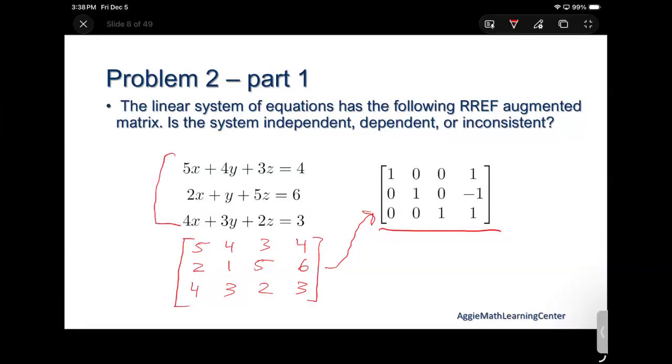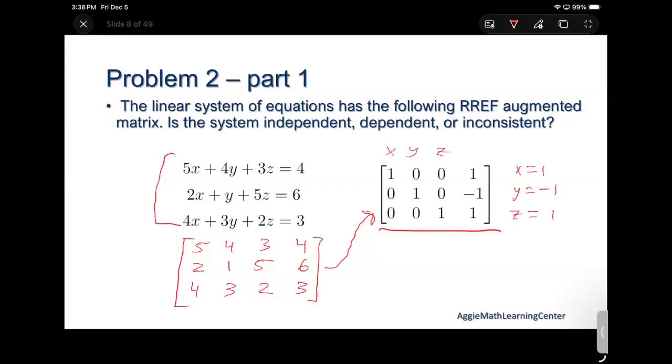So independent means that for every variable, there's only one answer. In this case, we know this first column is for x's, second y's, third z's. If we were to rewrite this, this first equation is saying that x equals 1, y equals -1, and the last one is saying that z equals 1.